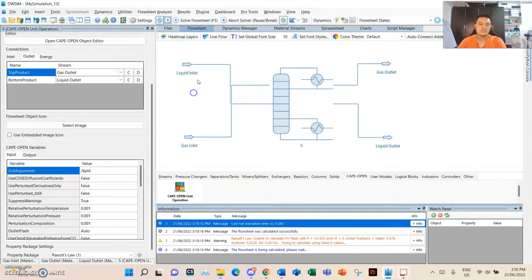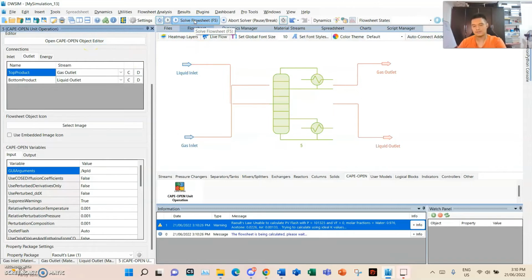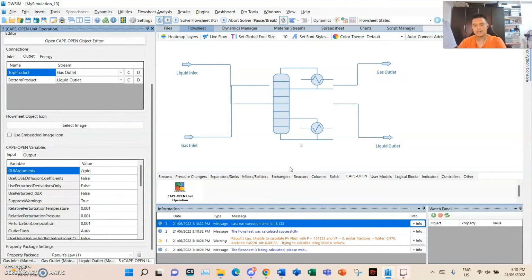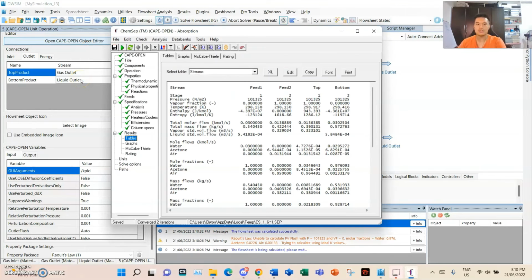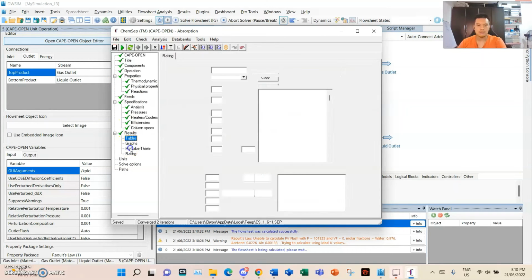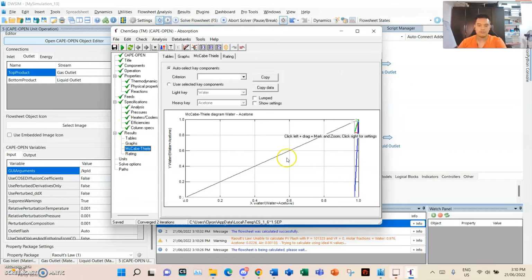So afterwards, since we already edited the details earlier, we'll just solve it. And we'll just wait for a few seconds. And finally, this is the result. So we need to find the number of stages. So we need to go back again to the editor and look at the McCabe-Thiele graph.